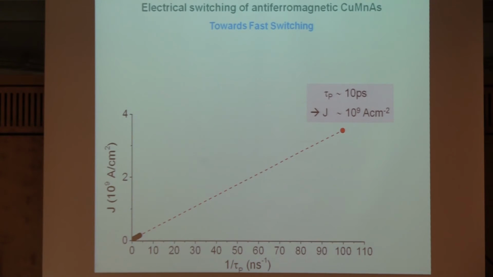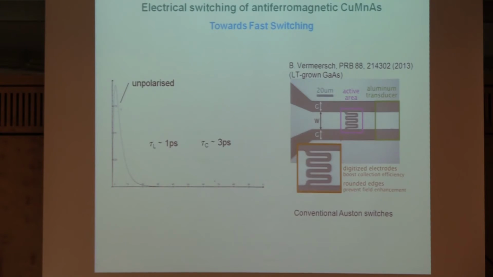An idea we have, and what we are now doing, is the implementation of photoelectric switches, the so-called Auston switches. Here is an example of a conventional Auston switch, typically grown on a low temperature grown gallium arsenide substrate. You have two conductive paths, typically metal, and an area between them.